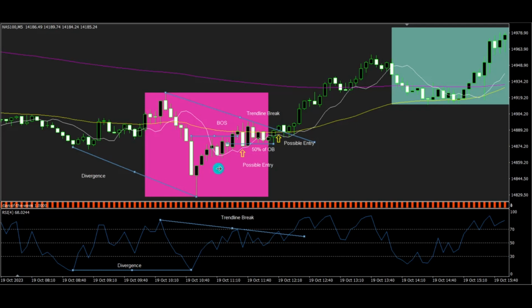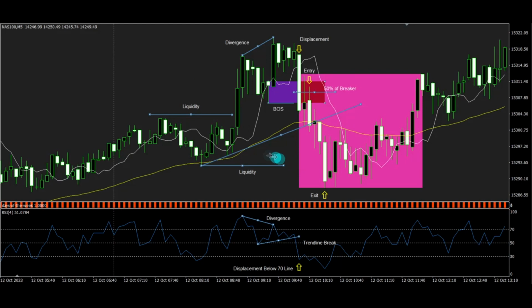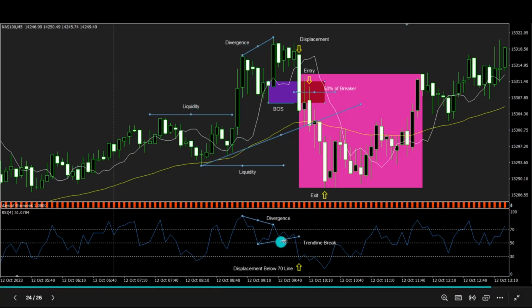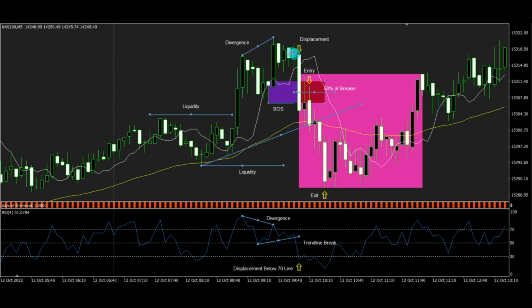This is an ICT entry with a break of structure, then a retracement back to 50% of this order block. This is that other example we had that pretty much had everything inside of it. Again, liquidity, your divergence. Then there is a trend line break in the RSI, which matches up with our displacement.